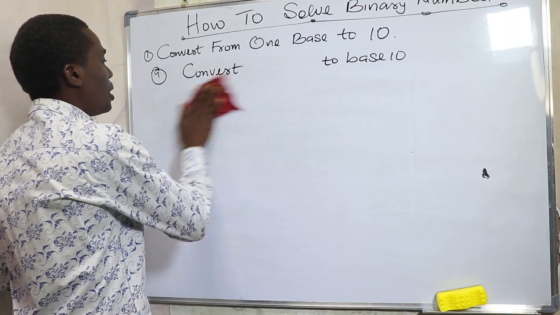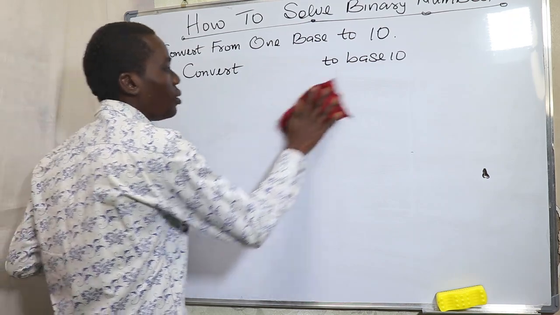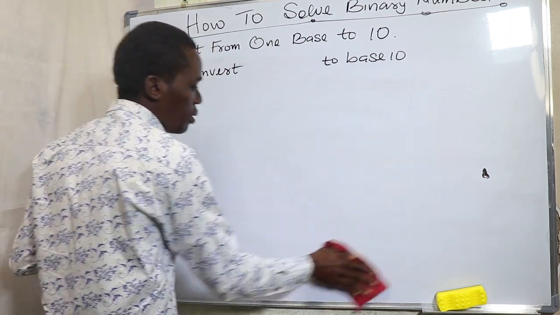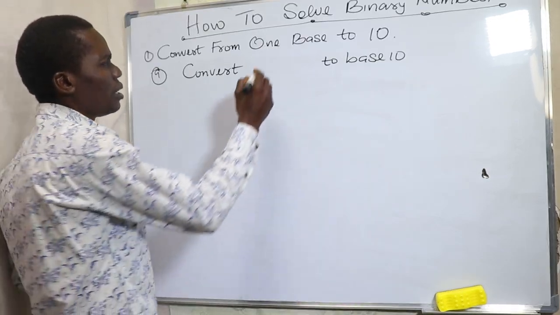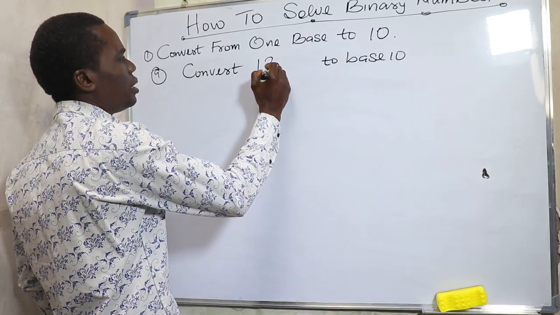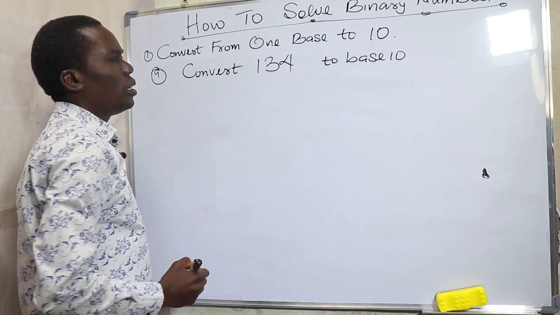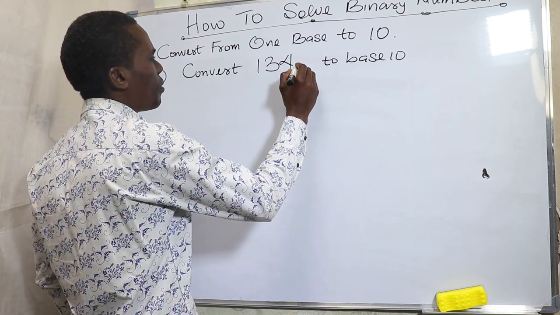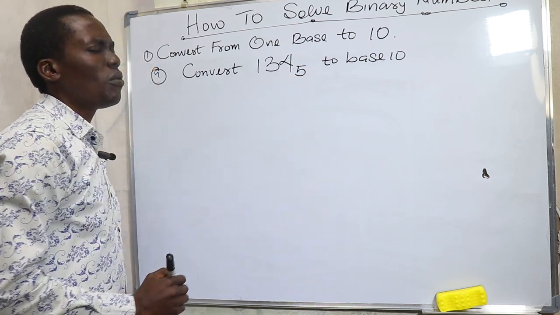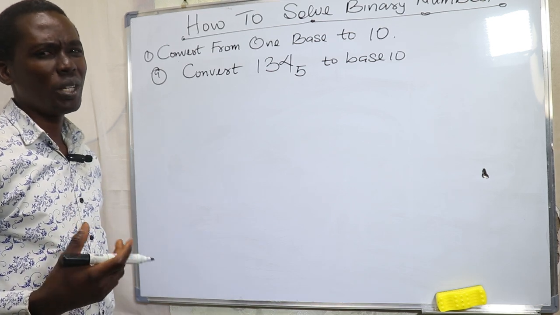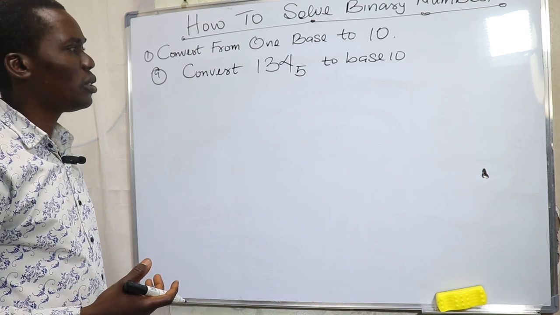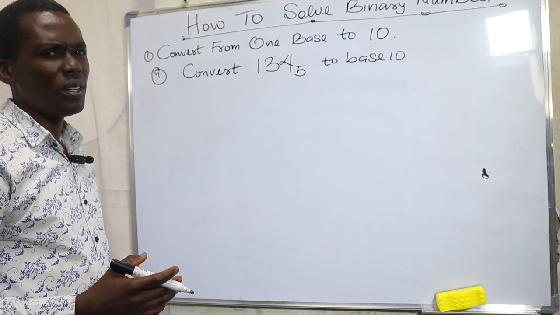We are given 1 3 4 in base 5, and we are asked to convert it to base 10. Now remember, I told you we have two methods we can use in converting this to base 10. Very easy.